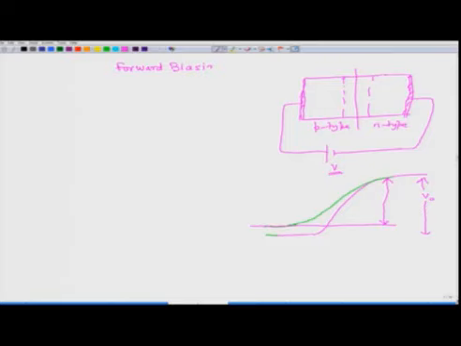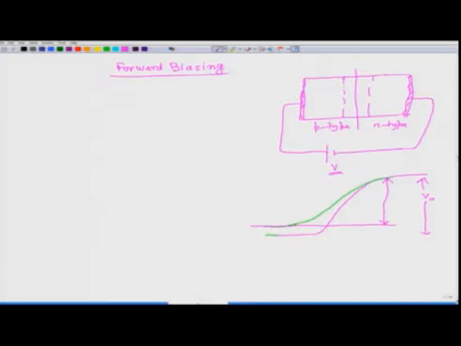Biasing is when you externally try to influence it. You are biasing P region over N region or N region over P region. So, connecting this battery or this voltage source is known as biasing, and this type of biasing where the positive of the battery is connected to the P type and negative is connected to the N type, is known as forward biasing.